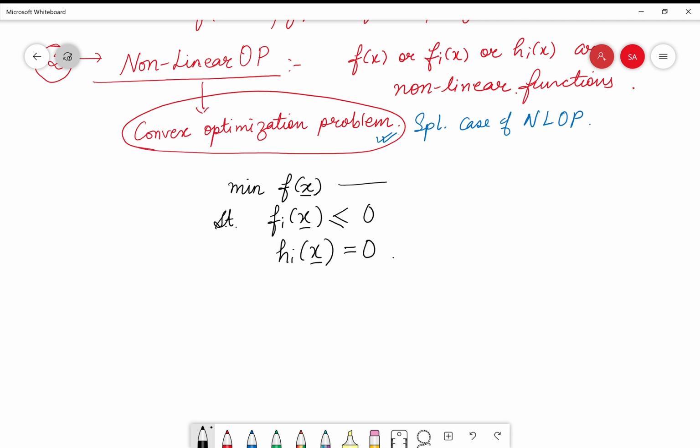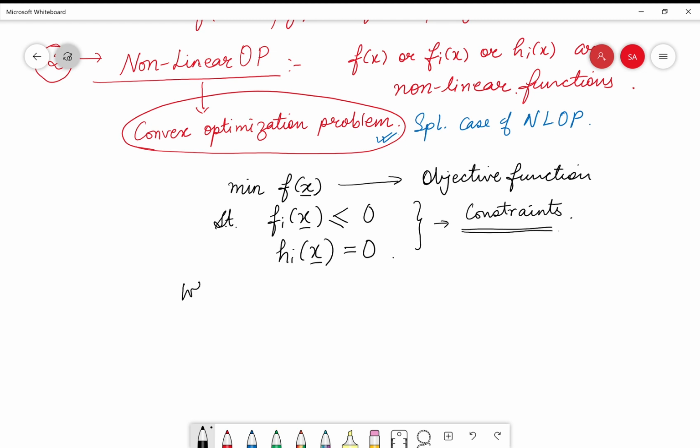This is called the objective function, and these are called constraints. Now, what is the job of the constraints? Let's understand what a constraint does.